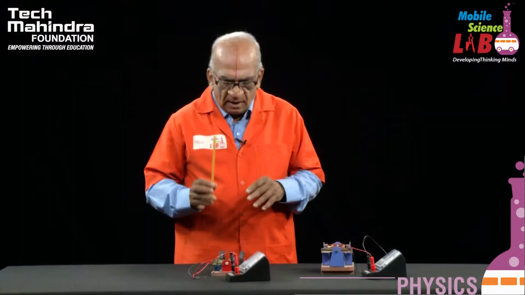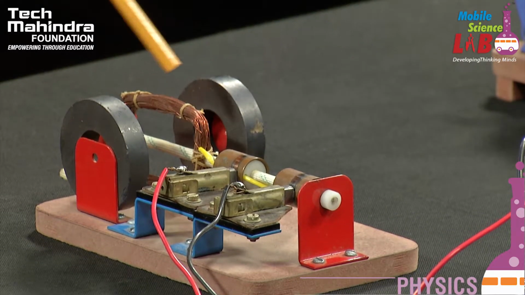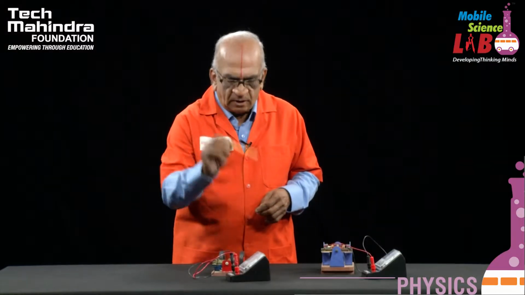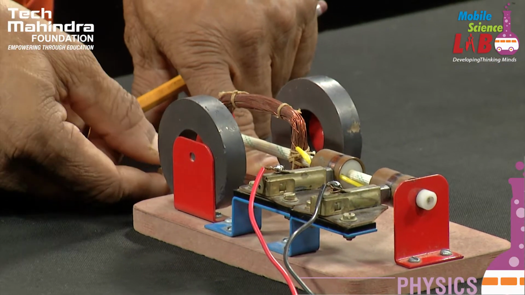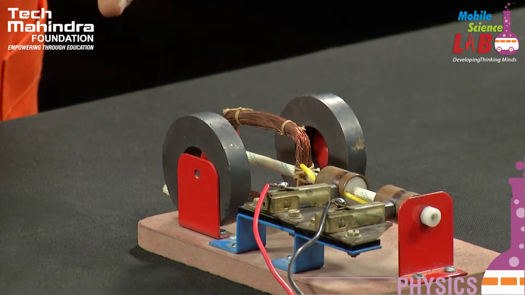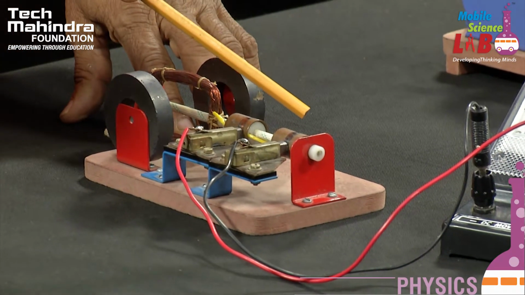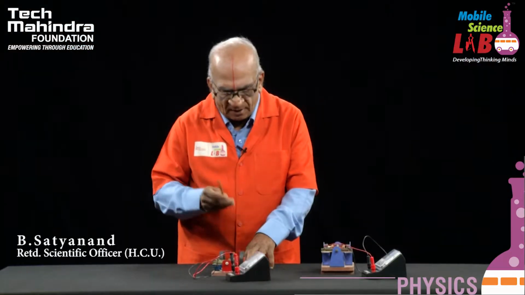In this configuration, the induced current is 0 because there is no change in the magnetic flux. When I rotate this with a handle, all these slip rings and the coil are connected through a rod in such a way that they move along the same axis.